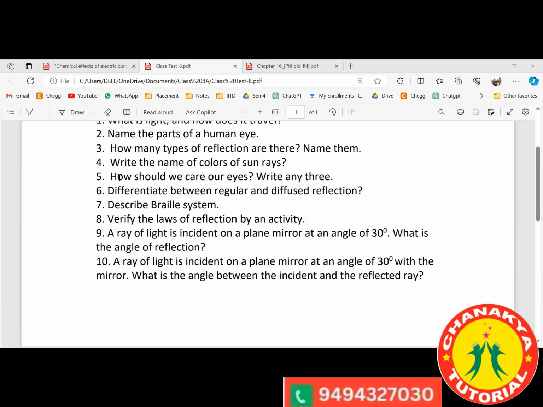Sir, the colors of sun rays are not only VIBGYOR, right? Because in the rainbow we can see violet, indigo, blue, green, yellow, orange, red, but between these colors there is some gradient, right, sir? Tell me, have you done drawing in your academics?